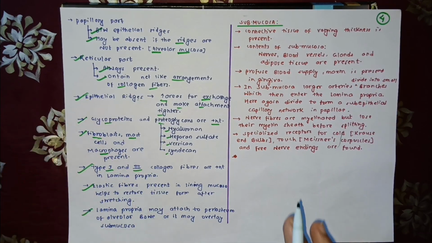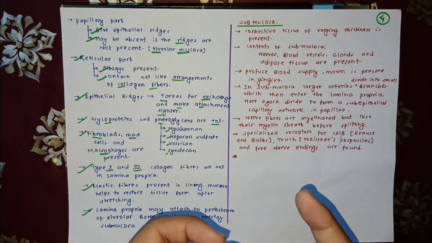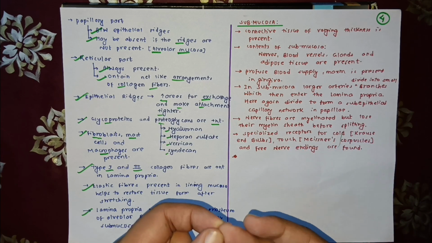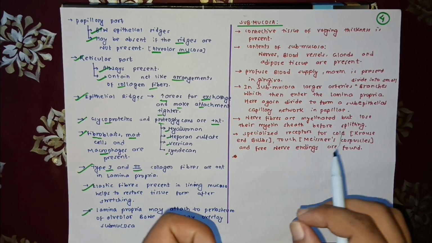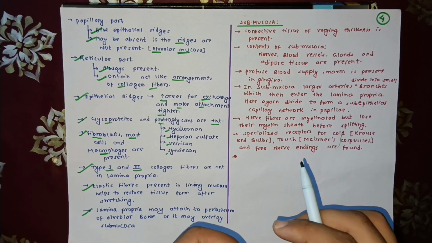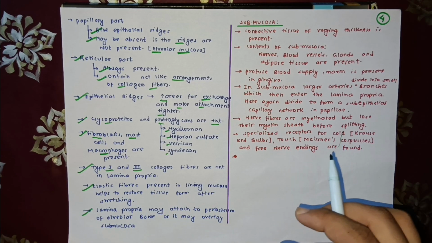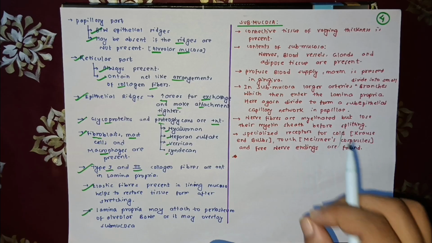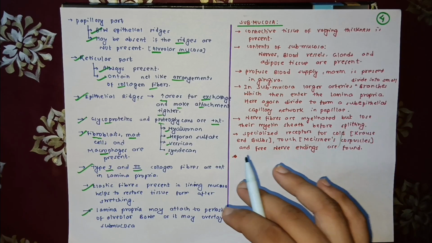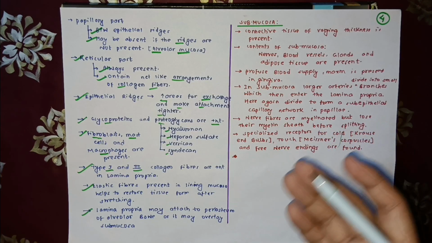So in this lamina propria, just remember that we have two major parts: the papillary part and the reticular part. The papillary part is in between the epithelial ridges, and the reticular part is below the papillary part. The reticular part is always present, but the papillary part may be present or absent.